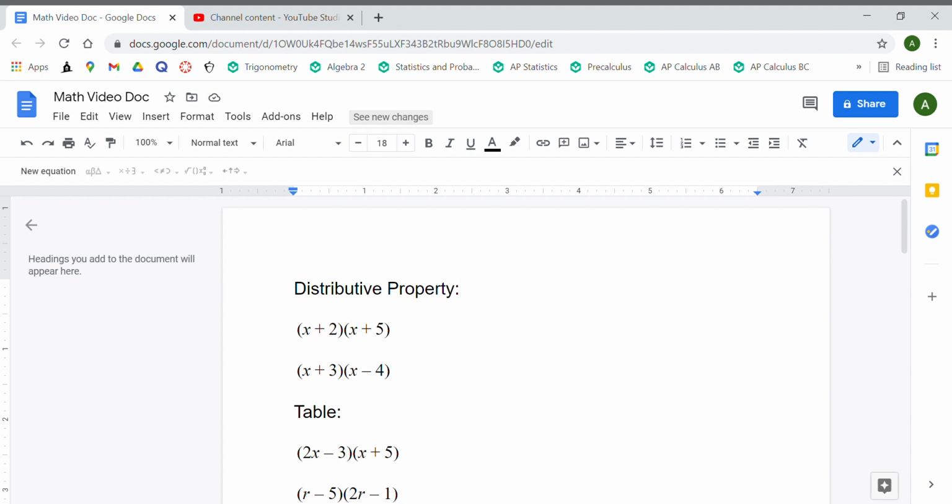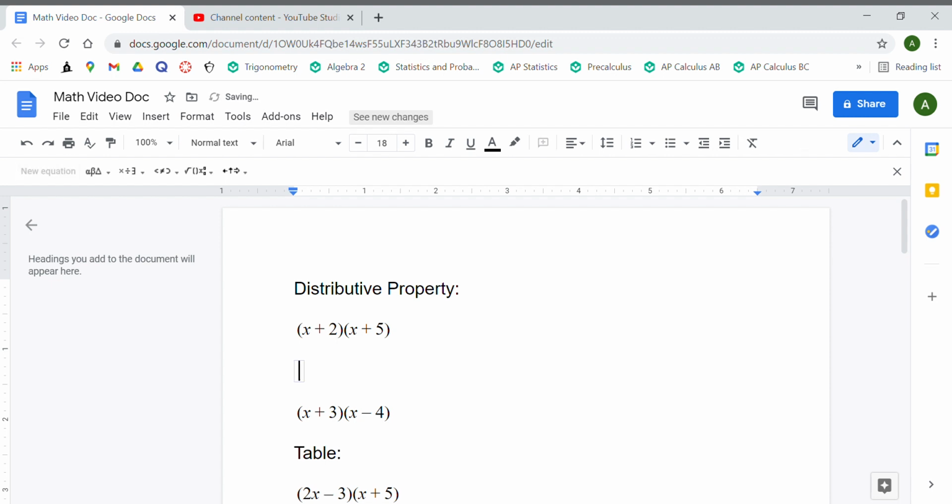The first method we're going to be talking about is the distributive property, and this should be something that you are already familiar with. What we do is take each term and multiply it by this. So we're going to use the distributive property to do that.